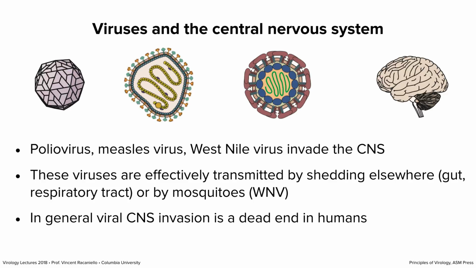But the other is that this discussion applies really to humans, because in animals, you can imagine that there is some selection for a virus to go in the CNS, because animals eat each other. And they eat the brain. Certain animals eat the brain. So you can imagine that virus would be transmitted from animal to animal, even if it went into the CNS. So there would be no negative selection against being in the CNS.